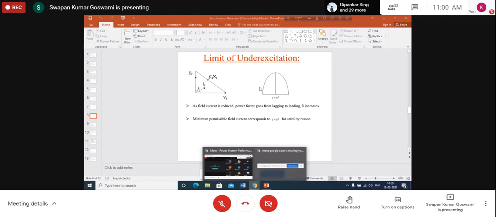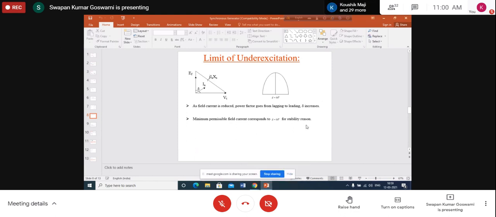Besides this bank of capacitor, because sometimes these capacitor banks may be installed in the power system, sometimes they may not be installed. Okay, so besides the generators and capacitor banks, are there any other sources?